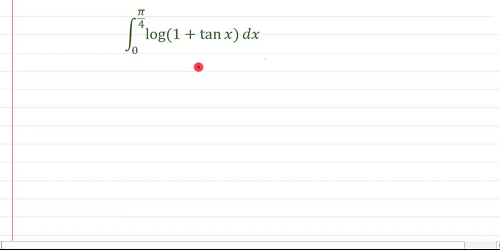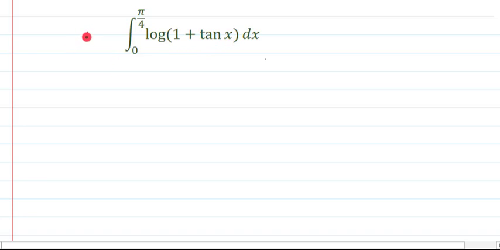Here is one more problem that can be easily done by using properties of definite integration, and again I am going to use the same property that I have used in the previous questions, the same 0 to a, as the limit is of the type 0 to a. So we'll use the same property by changing x into a minus x, and here it is pi by 4 minus x.